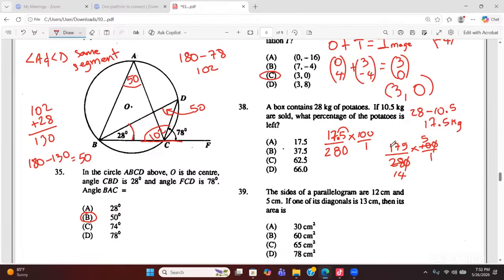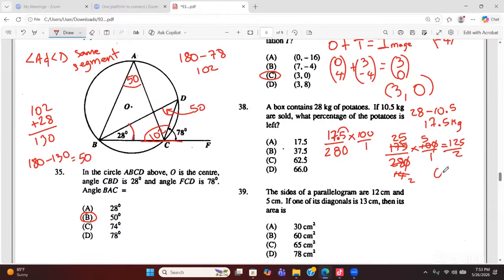As you can see, 7 definitely could go into this. Let's check. 7 into 14 is 2, and 7 into 35 is 5. So that's 25 right here. We're almost done. 5 times 25 is going to be 125 over 2.